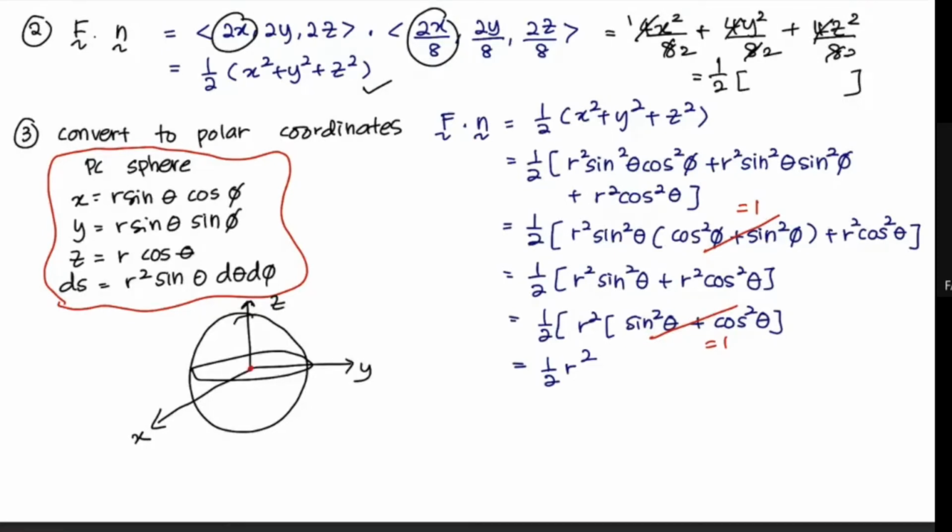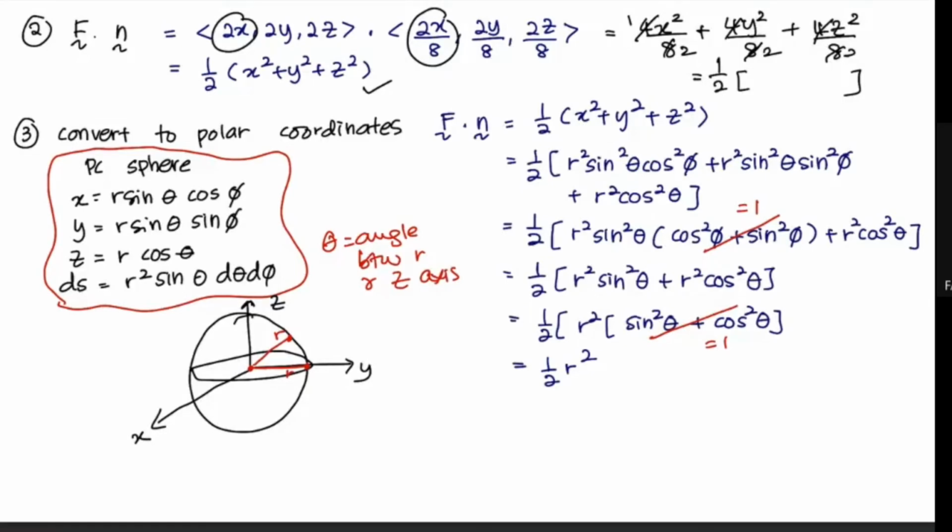Okay, r is the radius, the line from the origin to a point on the curve of the sphere. This one is r, also this one that touches the curve. This is r, the radius. Meanwhile, theta is the angle between r and the z-axis.